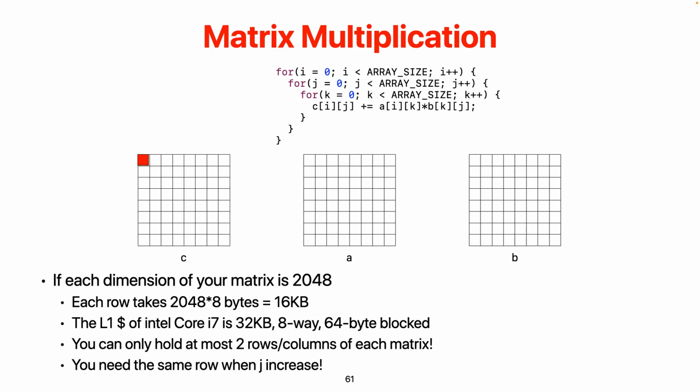So we start counting C00. And to count C00, you take a row and a column from A and B, right? For this row, it's the size of a single row, right?